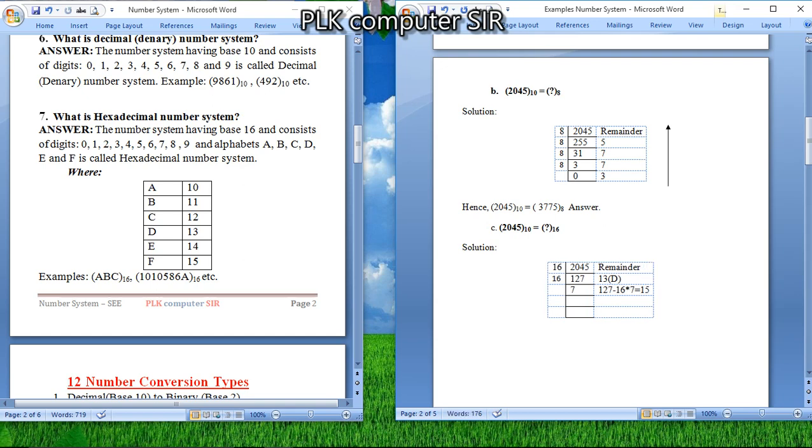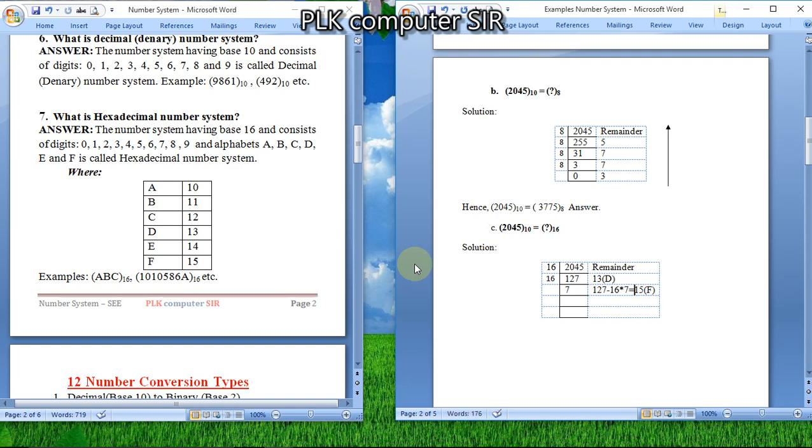Look here, if it is 15, we have to replace it by F. So remember, if 10 is the number, you replace it by A, 11 by B, 12 by C, 13 by D, 14 by E, 15 by F. Whenever it is F, then if you do other calculation, F should be replaced by 15. It will be vice versa.